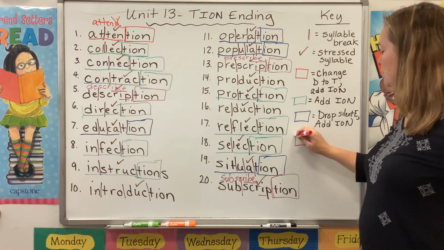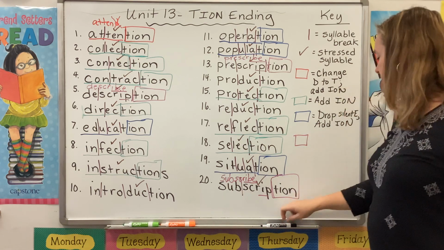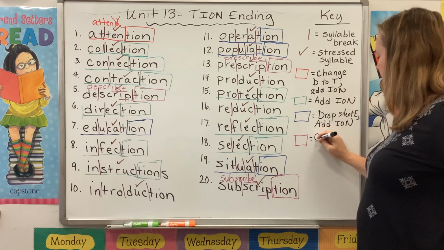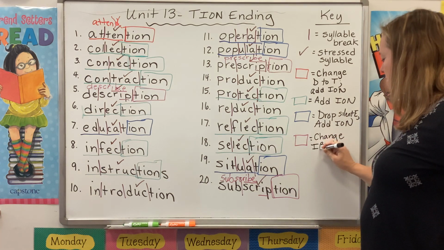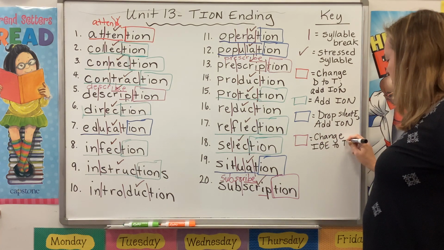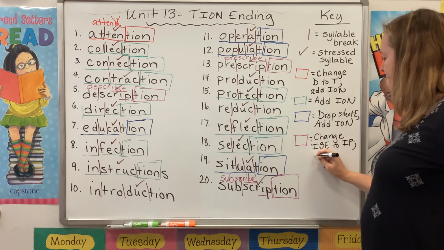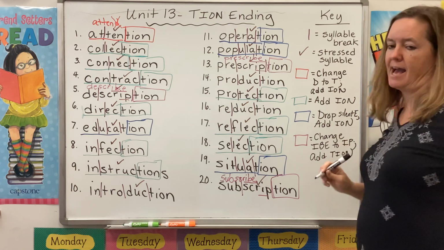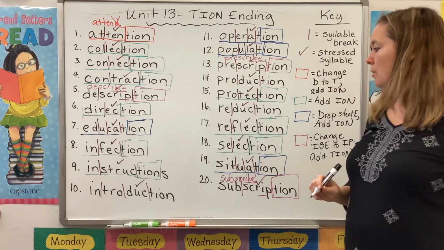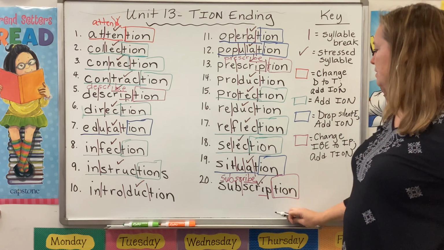So our rule here is change IB to IP, and then add T-I-O-N, add your shun. Okay, we have just a couple words left.